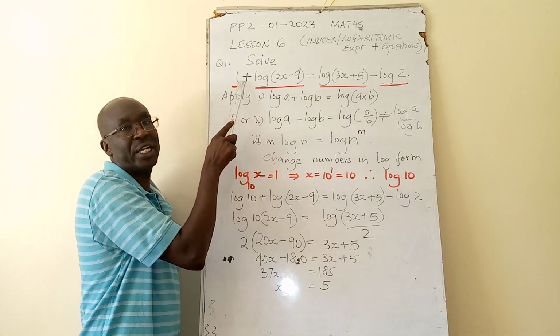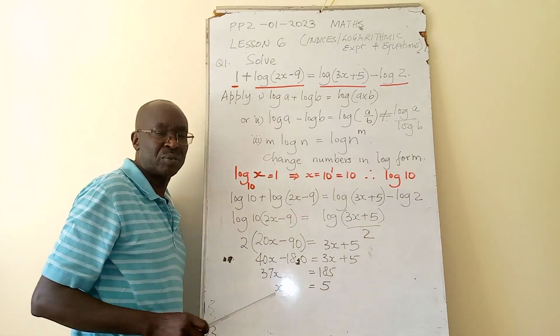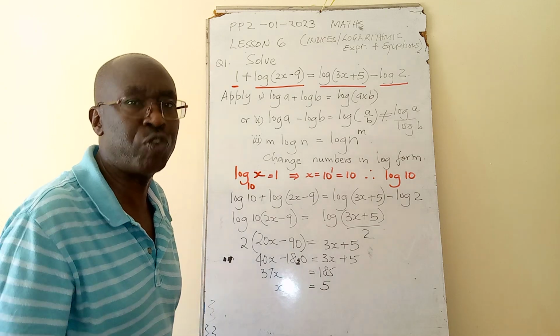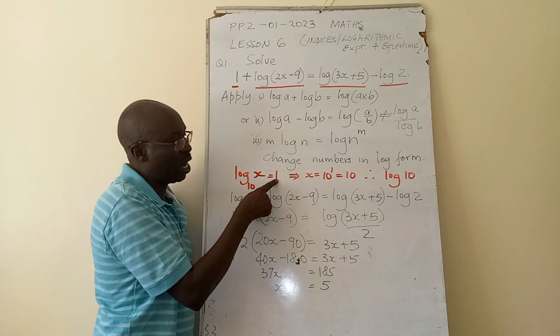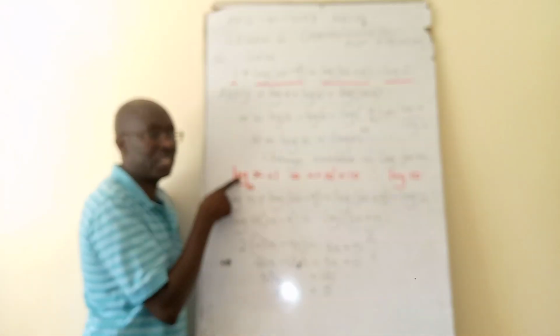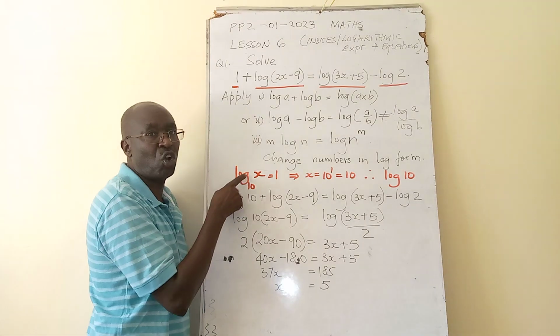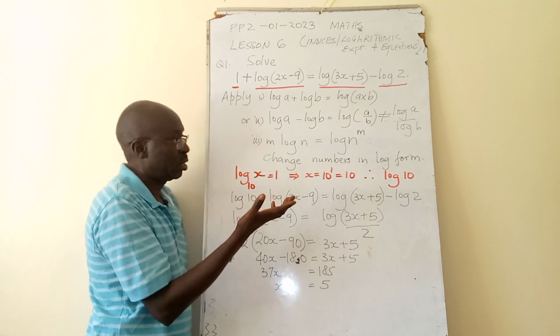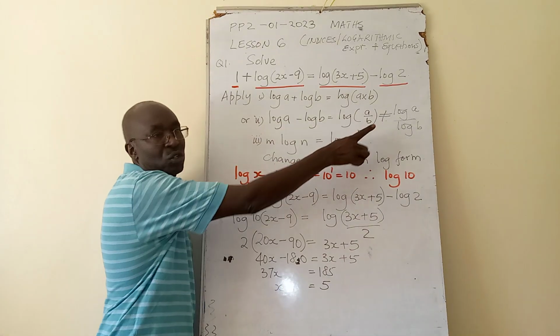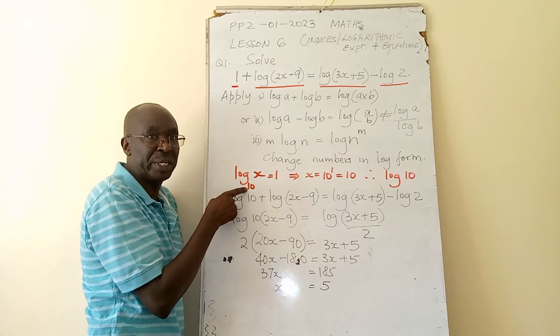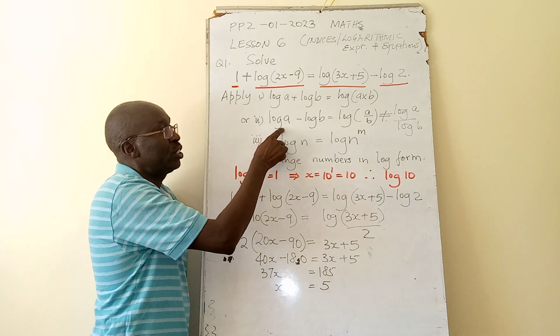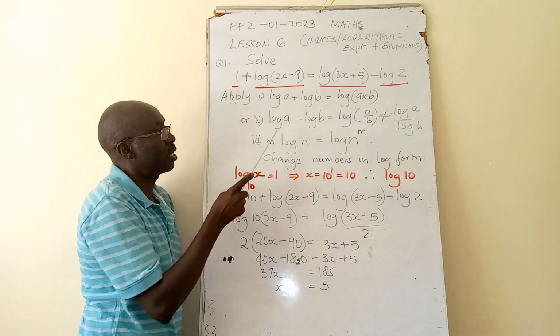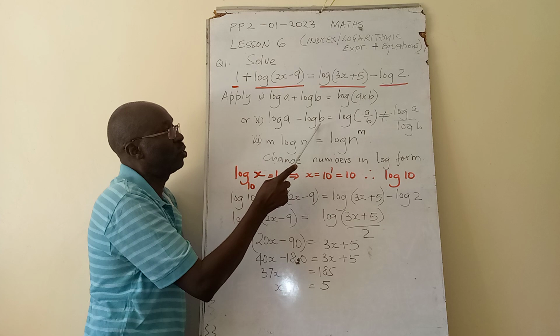Like I have 1 here, a term which is not in log form. So suppose I want to write this 1 in log form, log x. And we know that if the base is not written, automatically it is base 10. It is not written here, not written there.